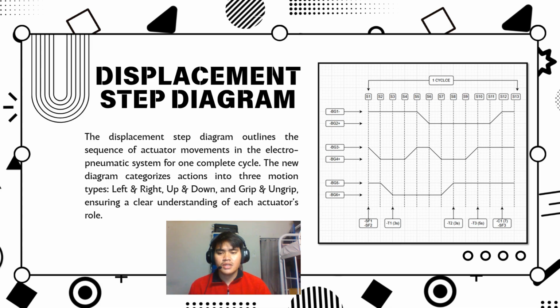The next cycle repeats 7 times. The sequence is repeated for a total of 7 cycles, ensuring process continuity. For the reset, after the cycle repeats 7 times, we use switch SF3 for the reset and continue. That's all for the displacement step diagram. Thank you.